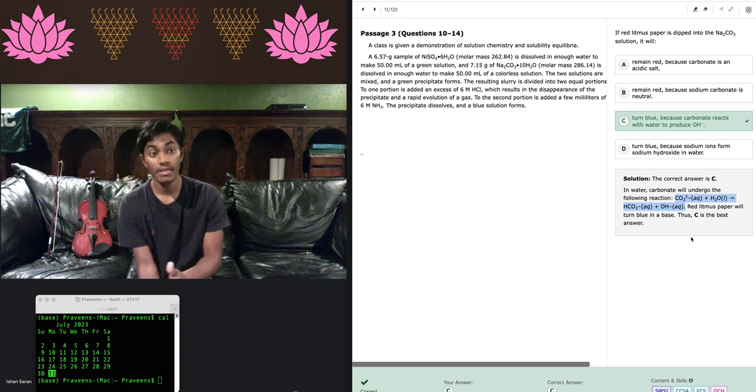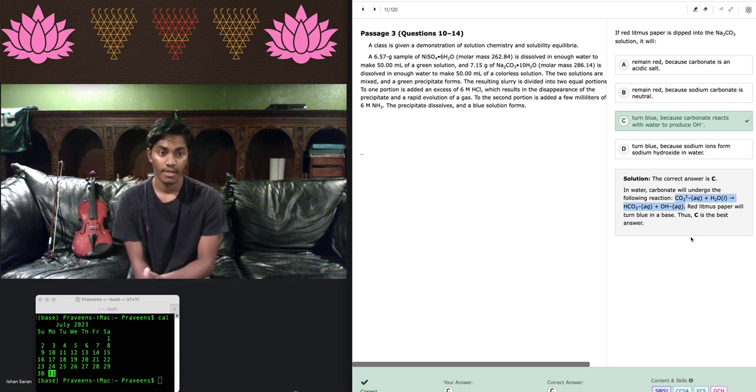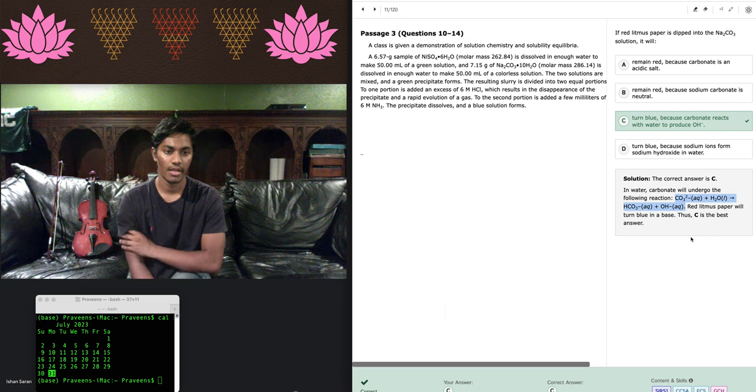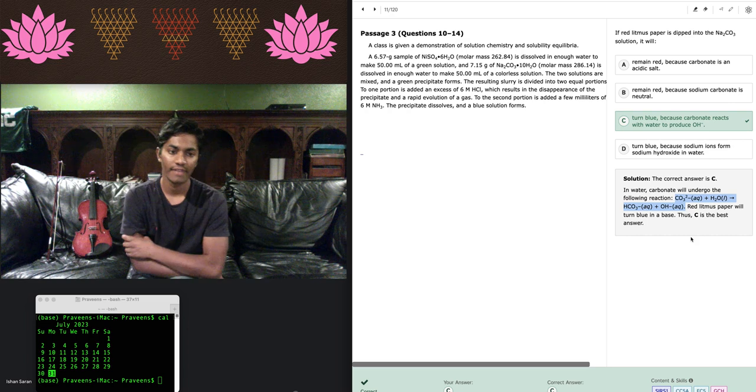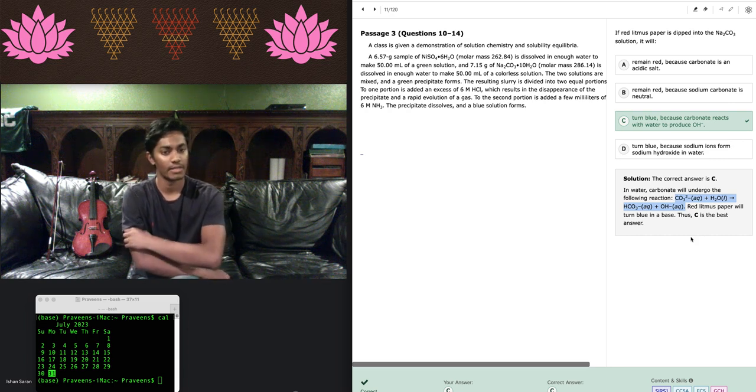So maybe this conjugate base is strong enough to produce another base. And this is a general fact. So anytime carbonate is in water, we'll have HCO3- and OH-.